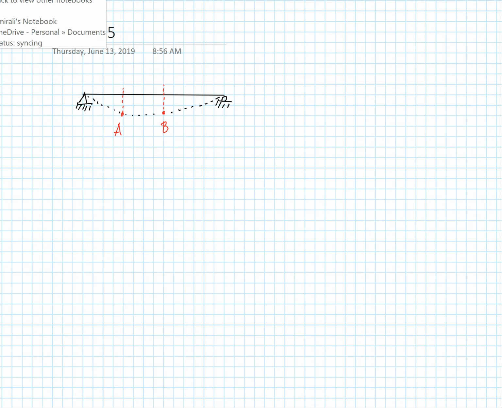And the vertical deflection, based on the second theorem, the vertical deflection of the tangent at A with reference to tangent at B is equal to, so that's t A slash B is equal to X bar times the integral from A to B of M over EI. I'll explain in a minute what that means.